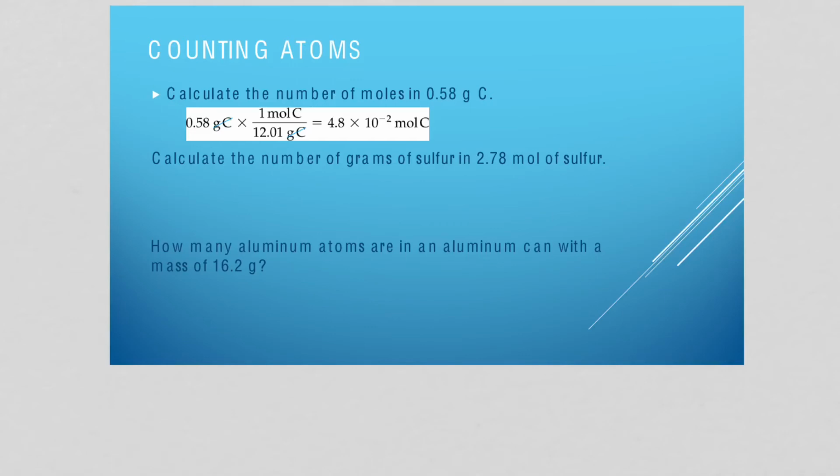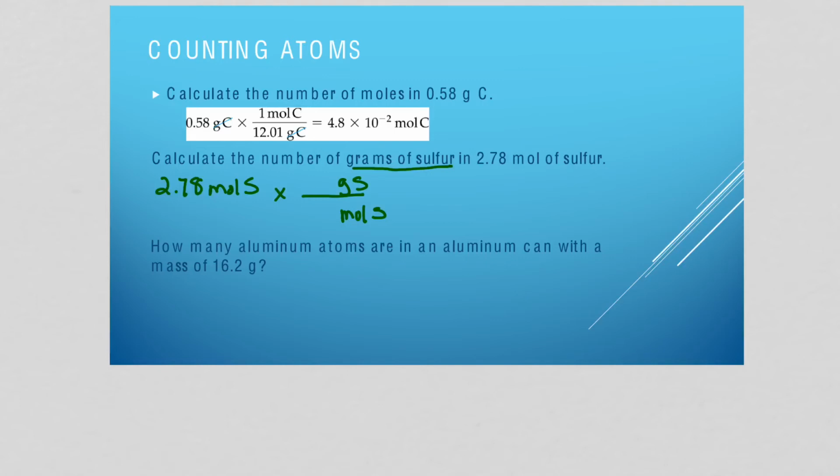So let's look at a couple of other ones. Let's say that I have 2.78 moles of sulfur, and I want to figure out grams of sulfur. So I know that if I'm going to go from moles to grams, I have to use the molar mass. That's the tool. And so in this case, because I'm starting with moles, moles are going to be on the bottom, and that means grams are going to be on the top.